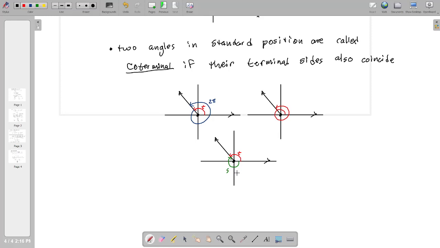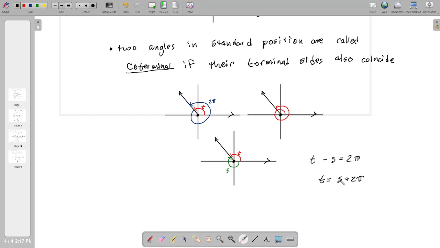So if we subtract these two, remembering that S is negative, we're rotating clockwise, not counterclockwise. So if we said T minus S, that would give us exactly 2 pi. Again, keeping in mind that S is already negative, so T minus a negative value will be T plus a value to give us the actual value of 2 pi. Adding this over, we get that T is equal to S plus 2 pi.